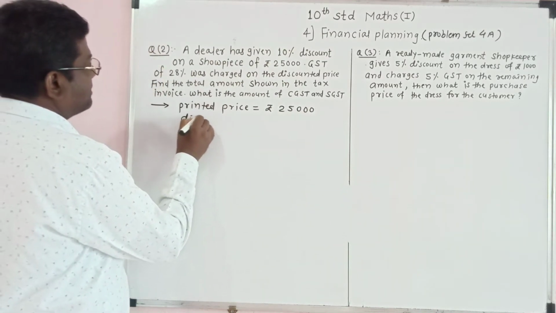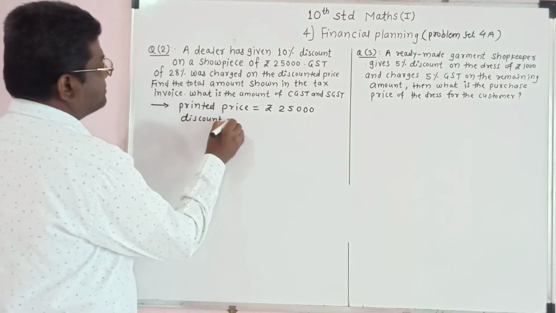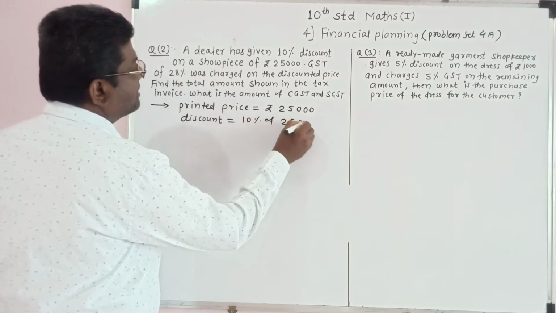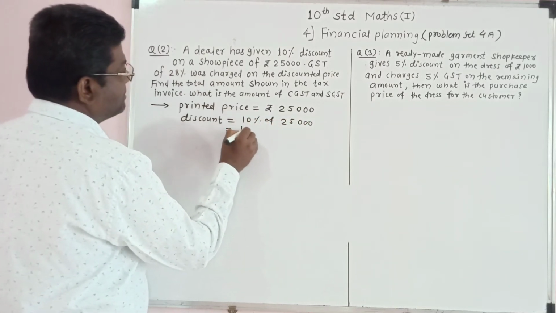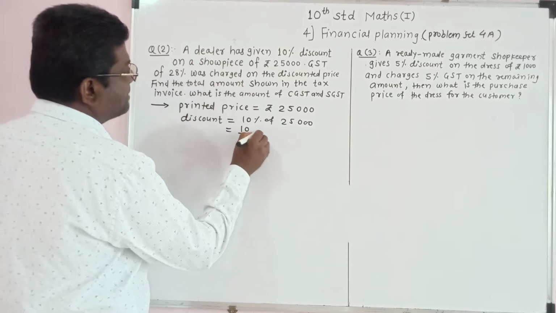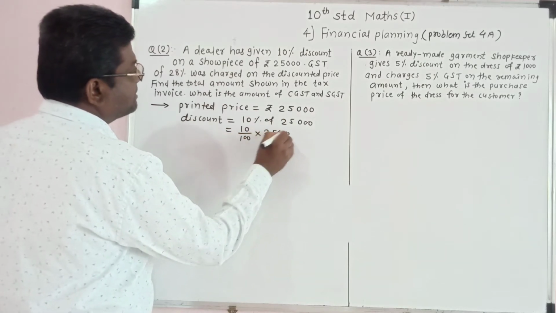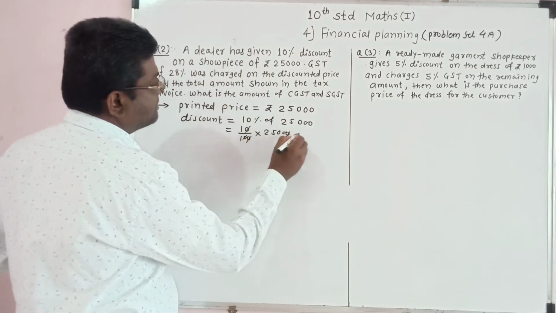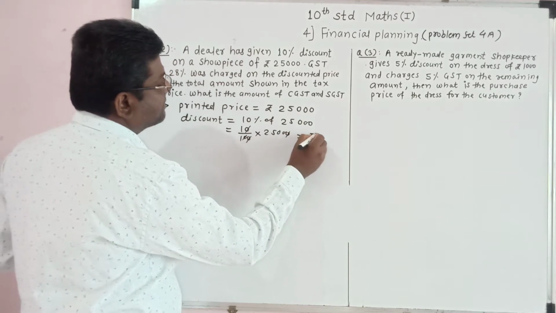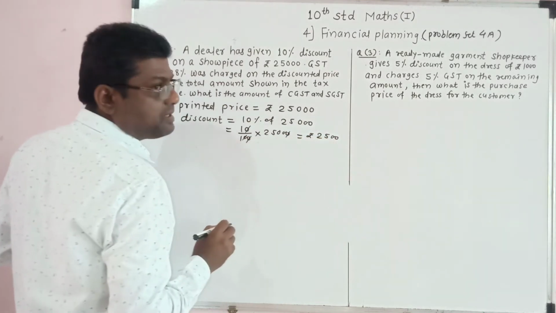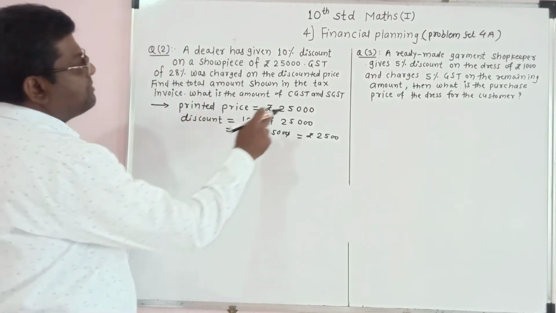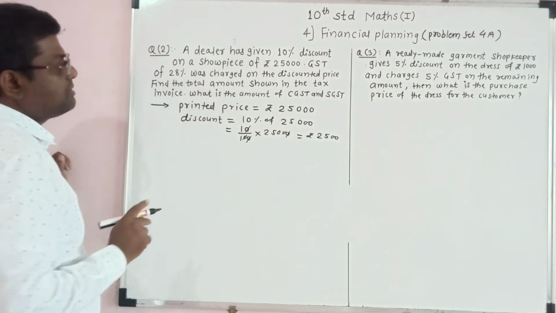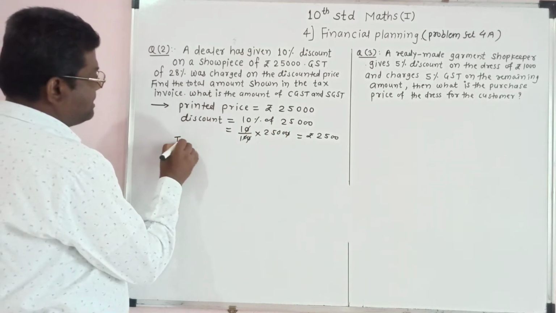Therefore, discount is equal to 10% of 25,000, which is 10 upon 100 into 25,000. The 0 will get cancelled, so it is rupees 2,500 as discount.